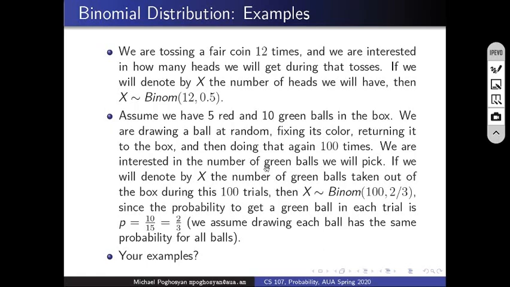The probability of success is, because we have 10 in 15 total, 10 over 15, which is 2 over 3. And we are doing 100 trials, so the number of green balls is binomial distributed with parameters 100 and 2 over 3. And you can give a lot more examples.